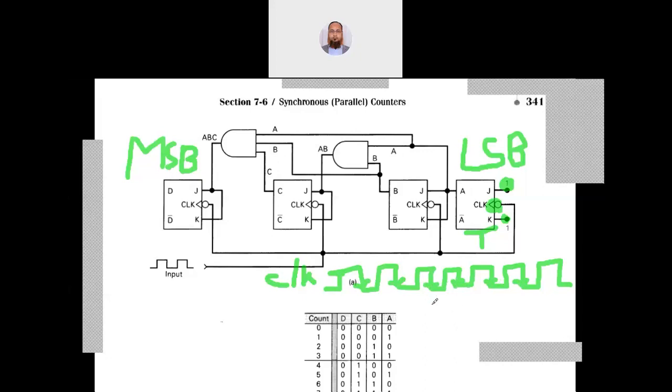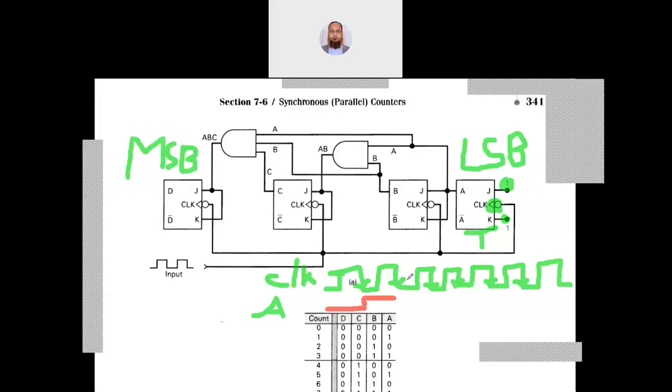If I draw A, initially it was 0, and it will be 0, but as soon as the negative edge of the clock comes, it becomes 1. It will remain 1 until the negative edge of the clock comes again.